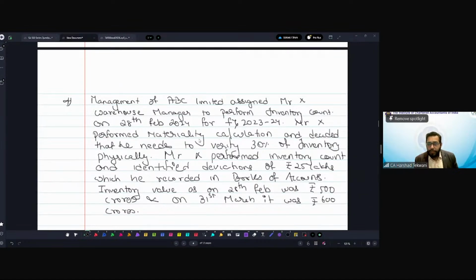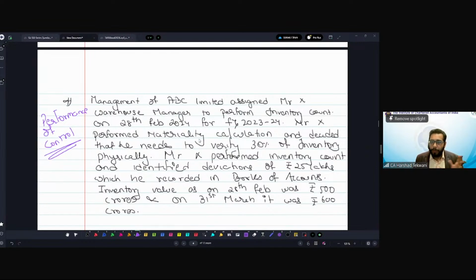So let's assume this is the control. We were discussing management inventory count control. This is the performance of the control. As an auditor, what is your observation on this?